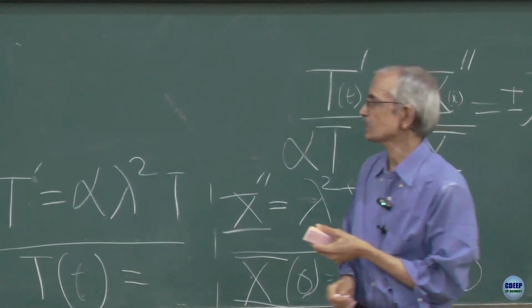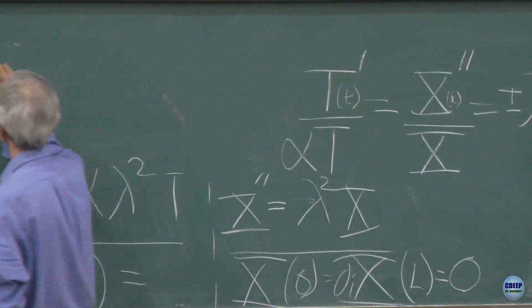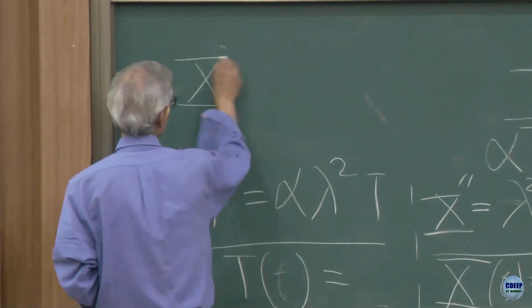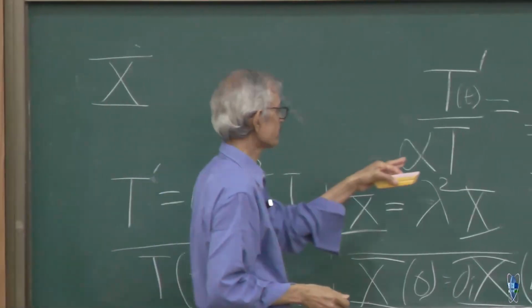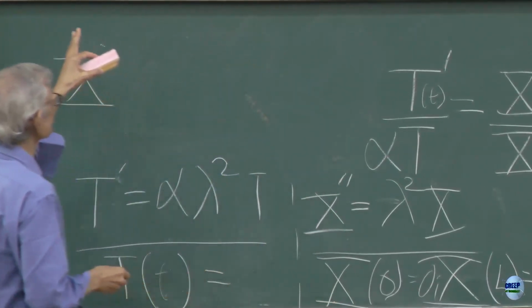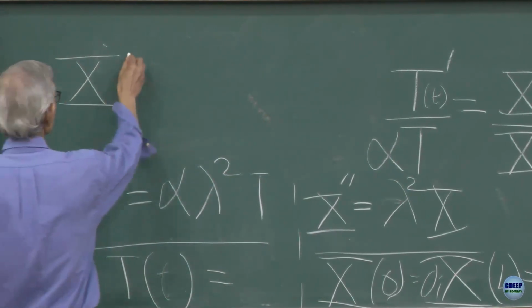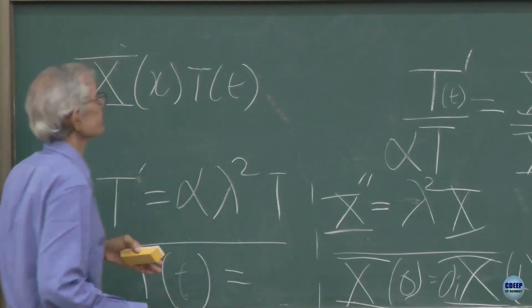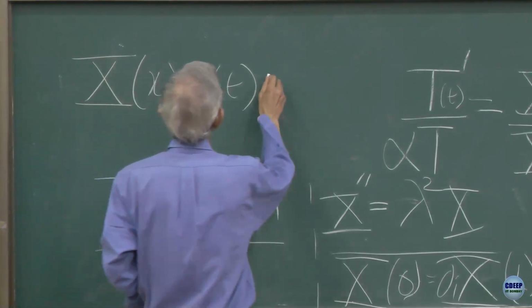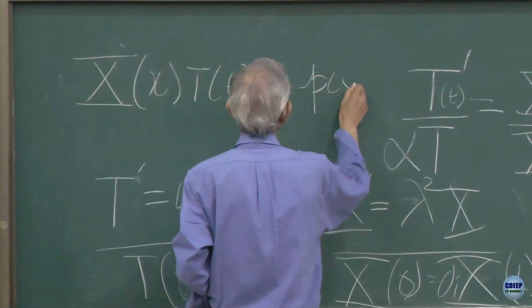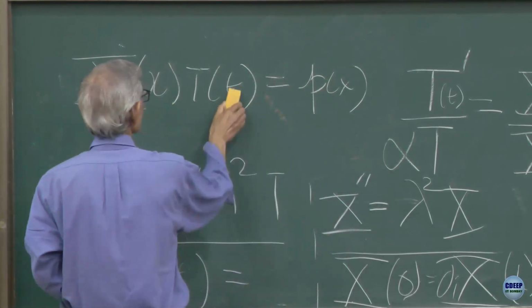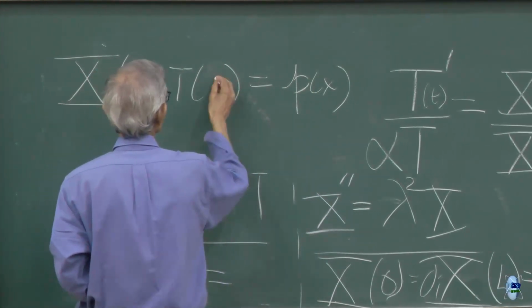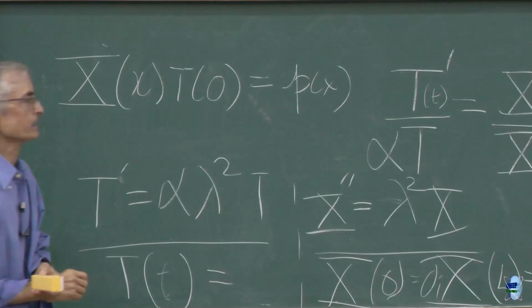What about T of t equal to 0? I have got my u equal to X of x times T of t, and now what we are saying is that this is equal to P of x, at time t.